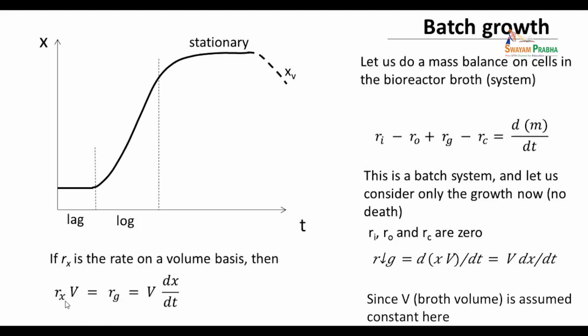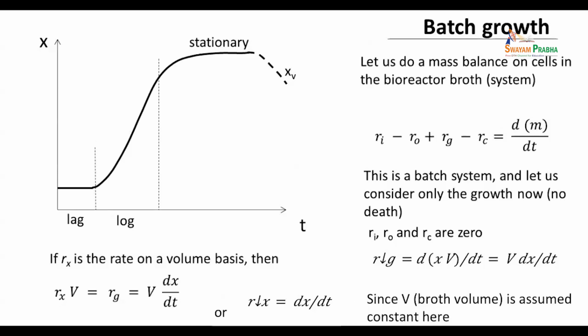Therefore, Rx times V is the rate of change of mass, not concentration, rate of change of mass. Therefore, Rx times V equals Rg, and that equals V dx/dt. So, if we equate these, Rx is nothing but dx/dt.